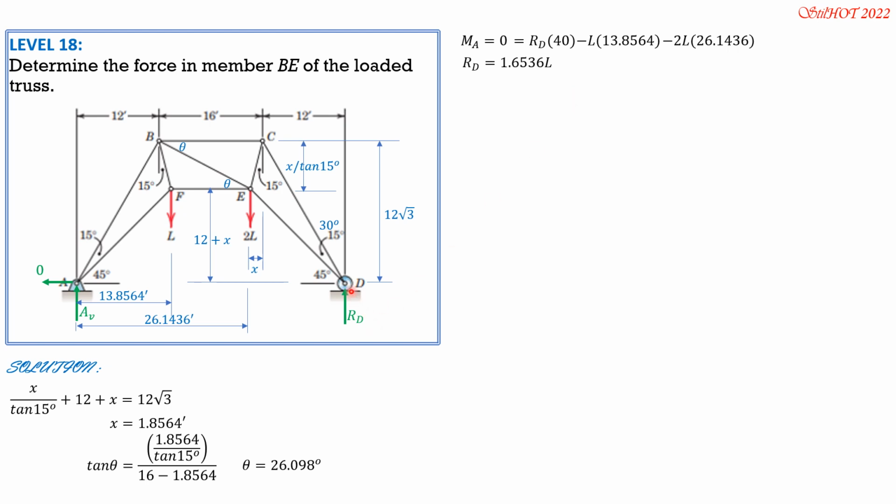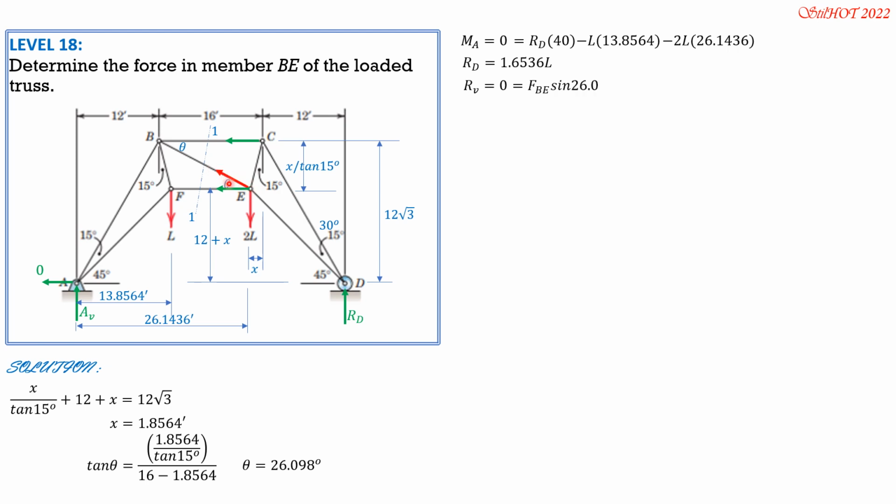Having found RD, we cut a section through this center panel so that these two horizontal forces are not involved. Then our equation would be the sum of vertical forces equals 0, so that these two green forces will have no component vertically. The vertical component of FBE is FBE sine theta.